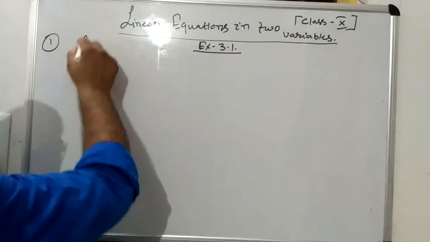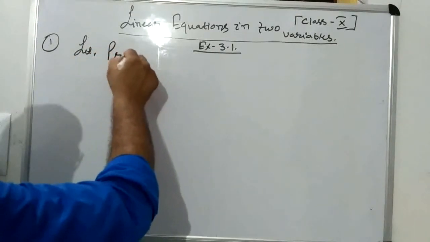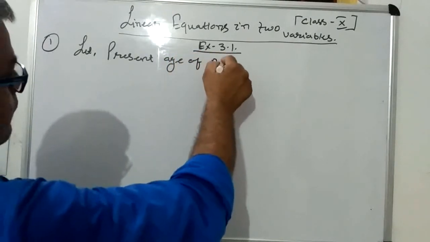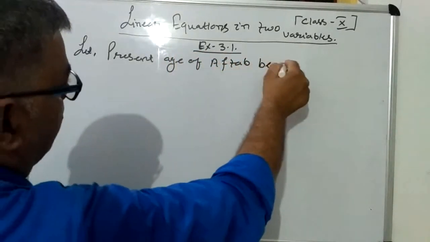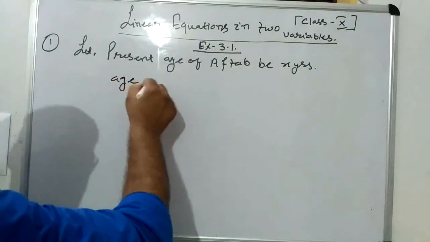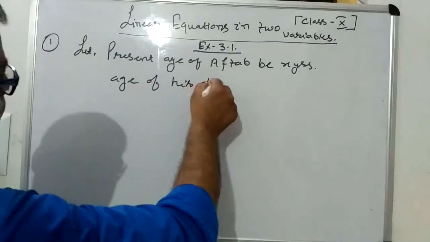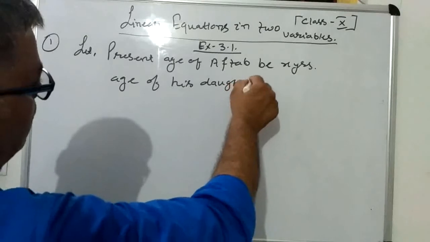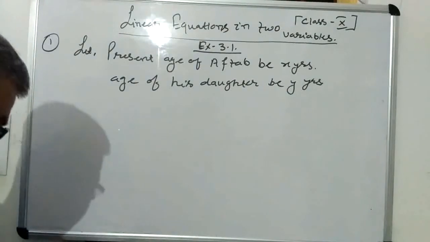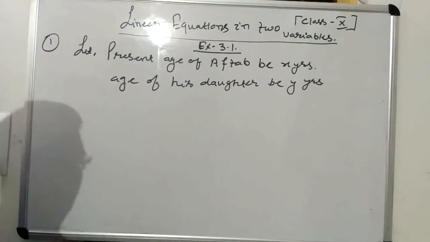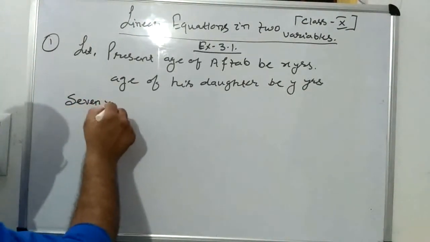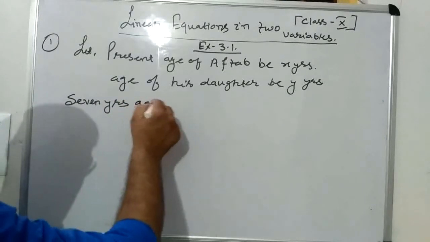Let the present age of Aftab be x years, and the age of his daughter be y years. Aftab says 7 years ago, so the condition is 7 years before.